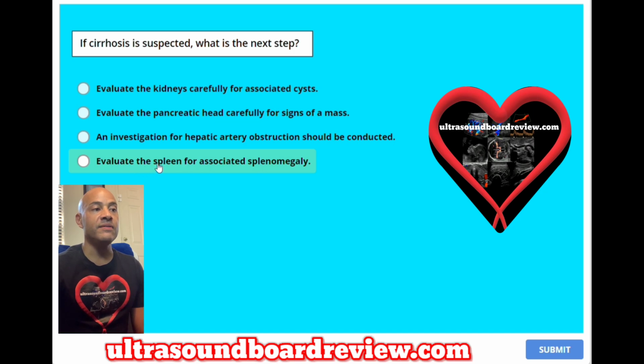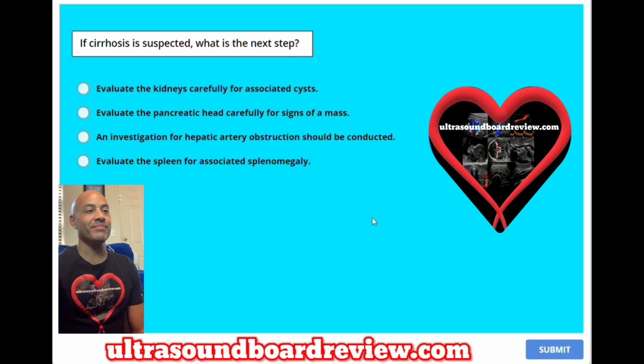Or D, evaluate the spleen for associated splenomegaly. The answer is D, evaluate the spleen for associated splenomegaly.